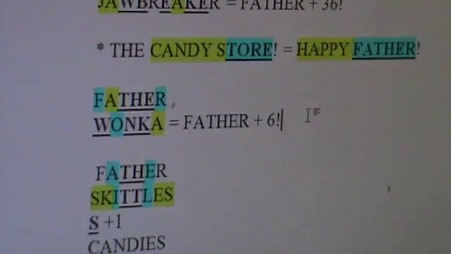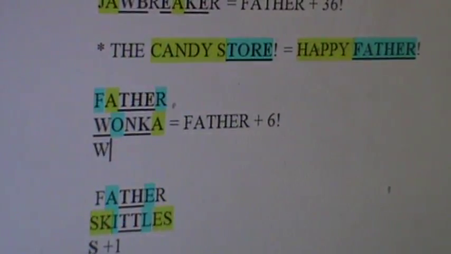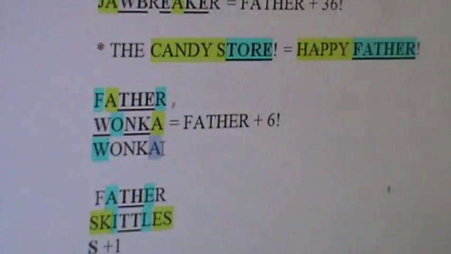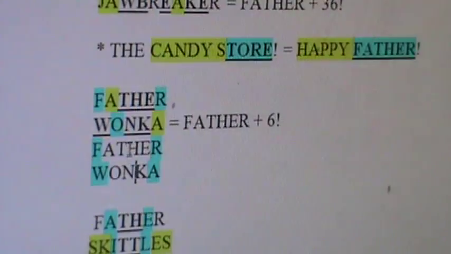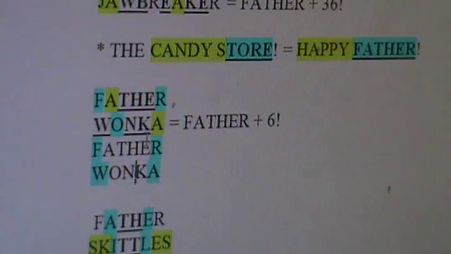Oh man, this is just giving it to me. Look at more similarities in Wonka. Look, the bookends of Wonka equal the bookends of Father, 24, 24. And we've seen that everywhere. Now you just differ like an N, an E, and a K. You just go in order here.